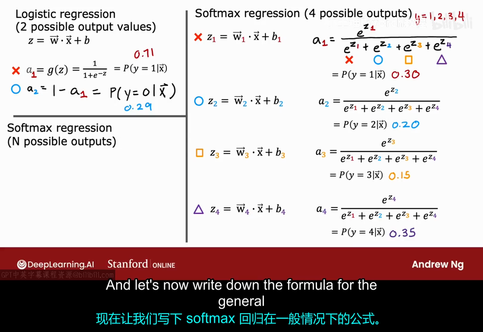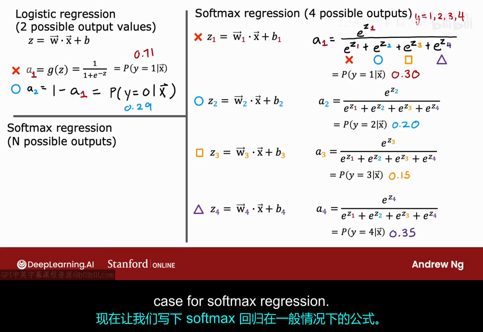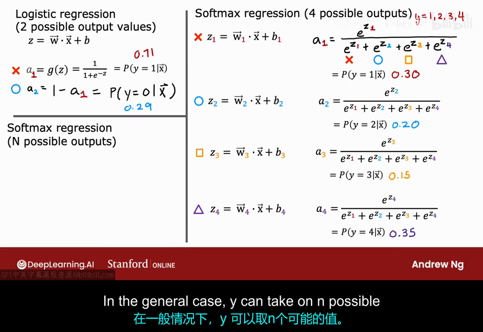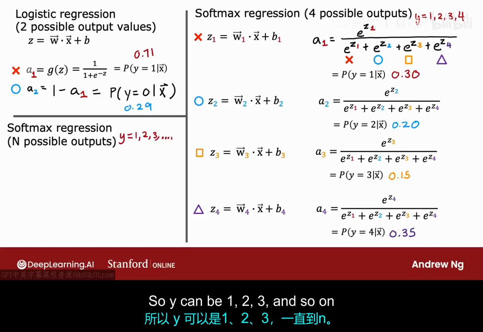So here I wrote down the formulas for softmax regression in the case of 4 possible outputs. And let's now write down the formula for the general case for softmax regression. In the general case, y can take on n possible values. So y can be 1, 2, 3, and so on, up to n.